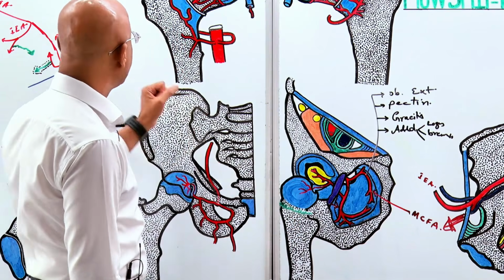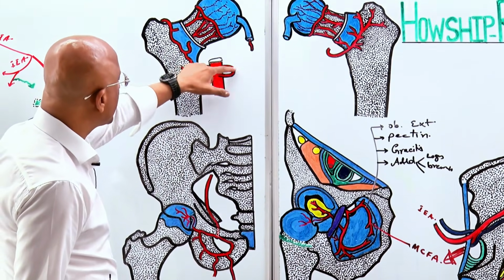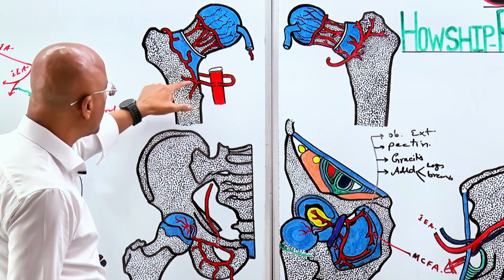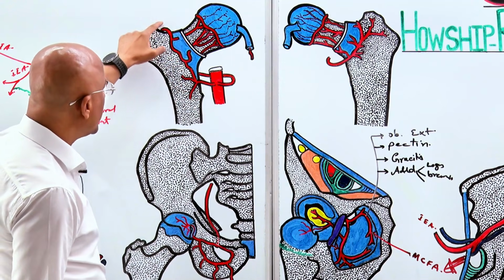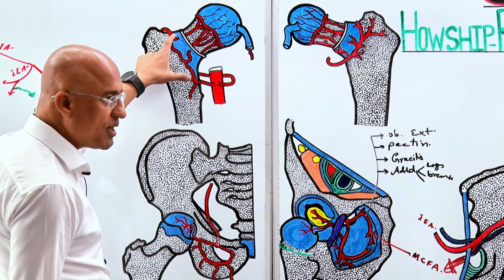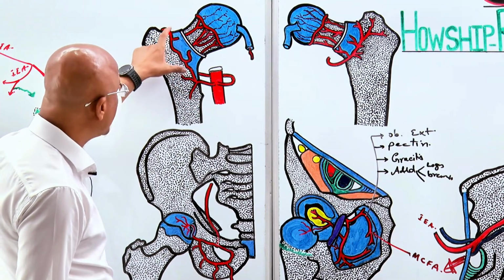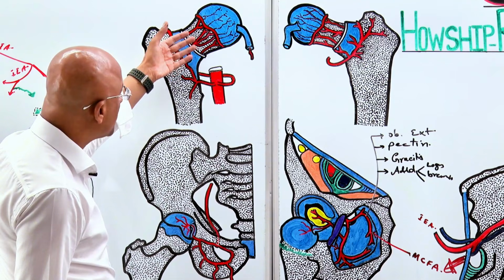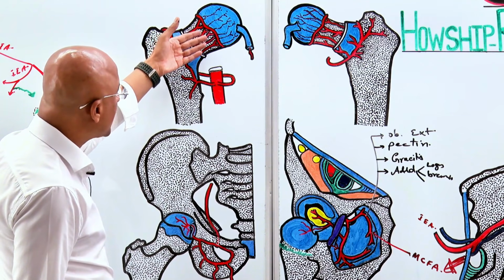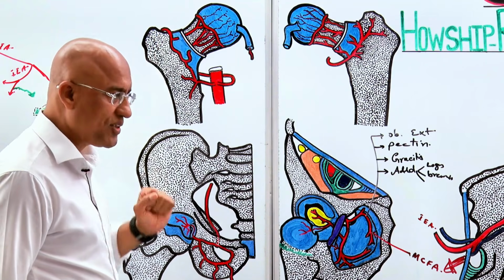I will show you. For example, this is the medial circumflex artery, this is the lateral circumflex artery. Both of them are making an anastomotic ring around the neck of the femur, lower part. From there branches go, and these branches which are going upward are called retinacular branches.